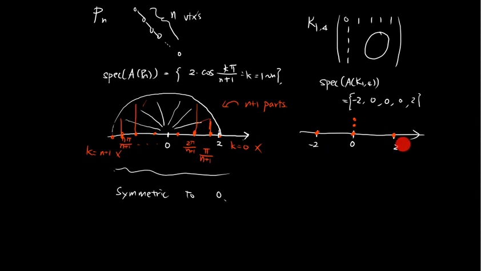They are a pair. But the only ones that are not a pair are those at 0, because minus and positive are the same there. So it is possible that a graph with an odd number of vertices is a bipartite graph. But in that case, it must have a 0. So this is kind of an immediate consequence.